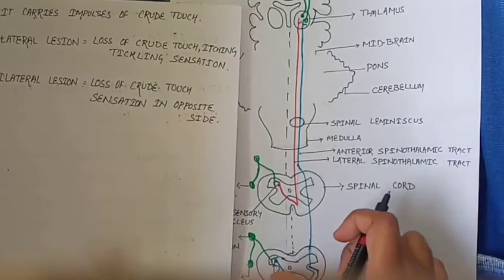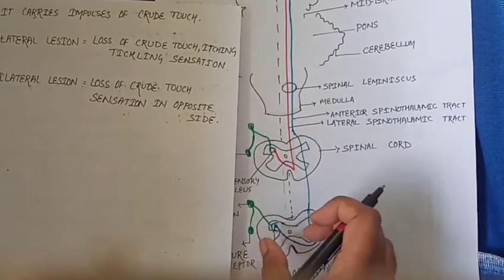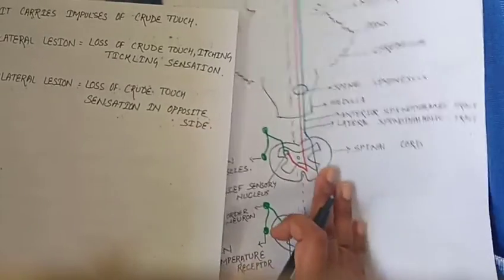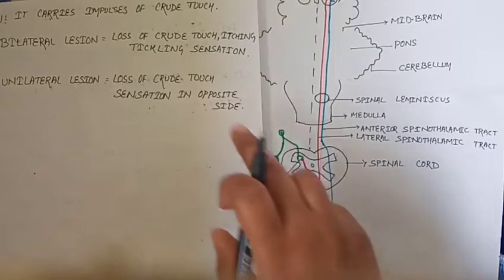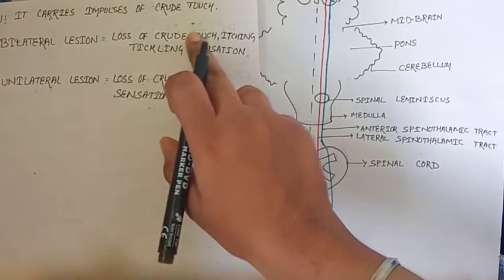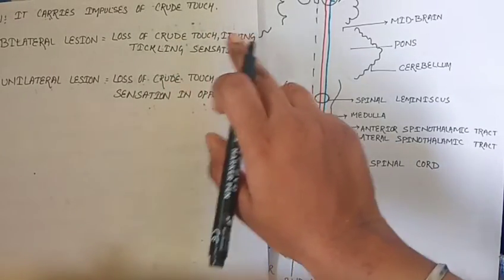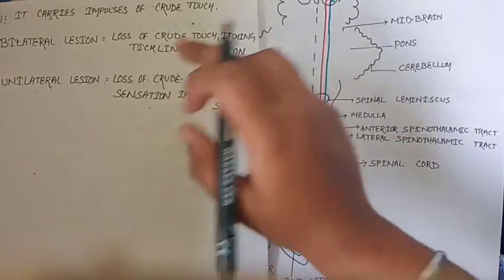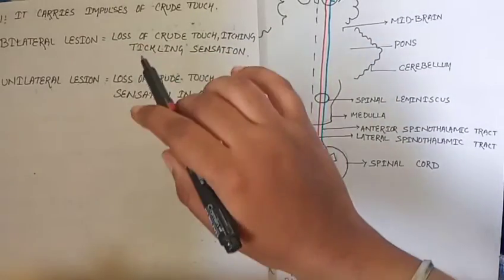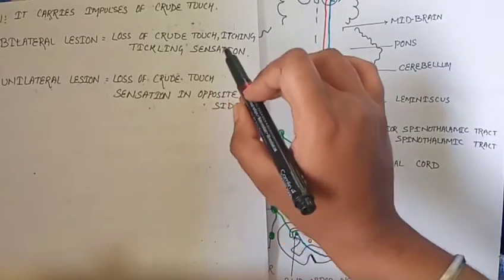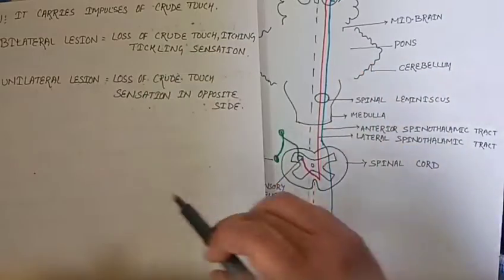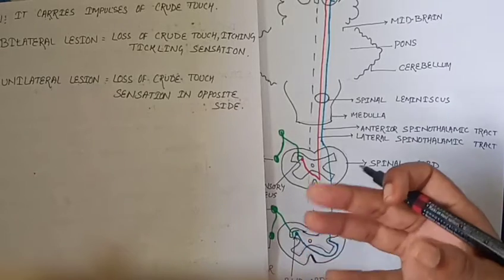When both sides of the fibers have a lesion, we call it a bilateral lesion. So what happens in a bilateral lesion? It causes loss of crude touch, and itching and tingling sensations are also lost. All these types of sensation are lost in a bilateral lesion.